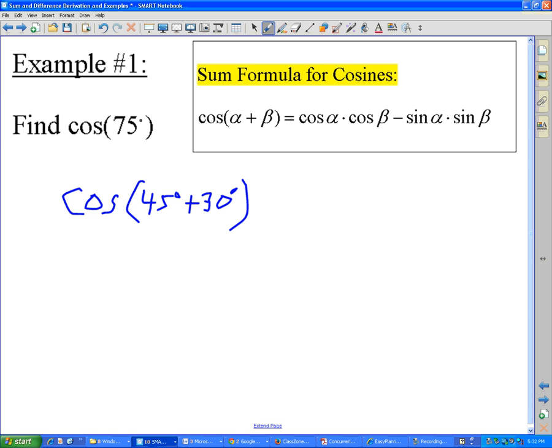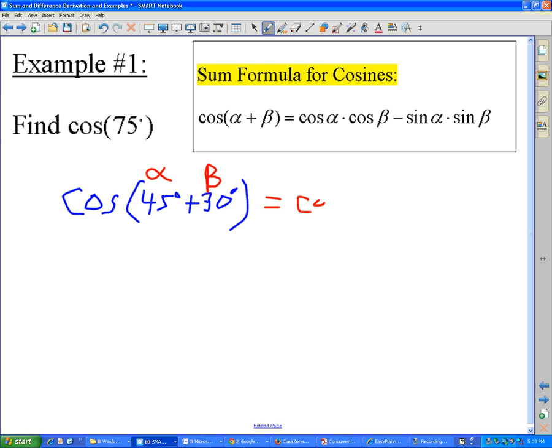Okay. Now I included the formula up here just so that we could go ahead and basically start plugging in what we know. Basically we're using 45 degrees as alpha, and we're using 30 degrees as beta. Okay. So let's do that.